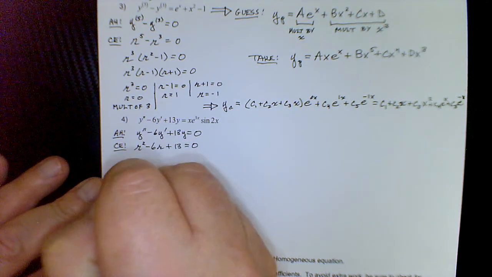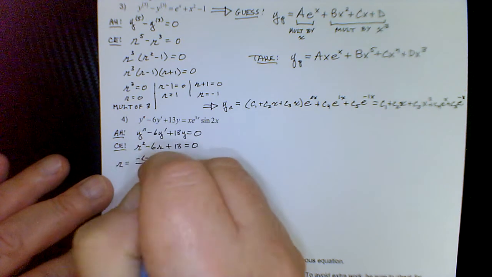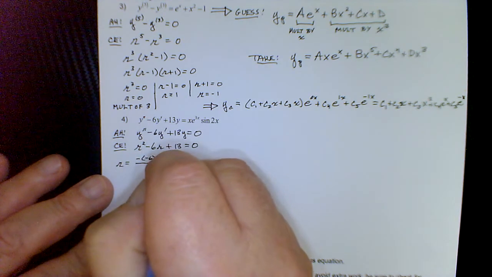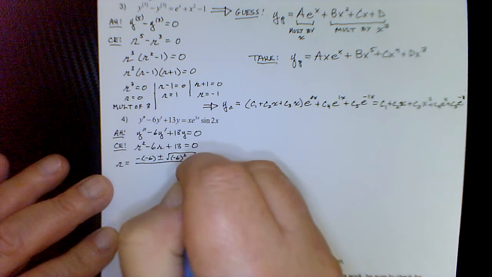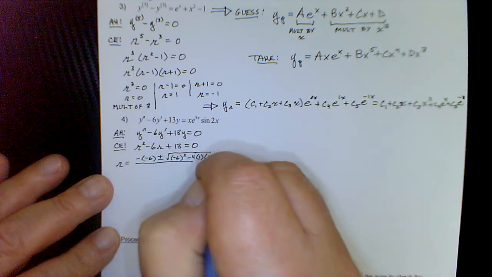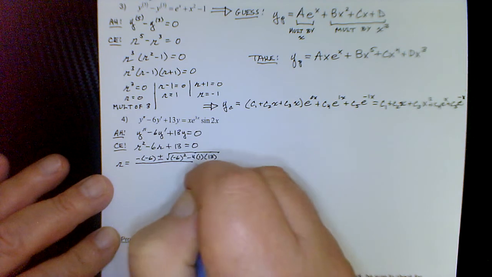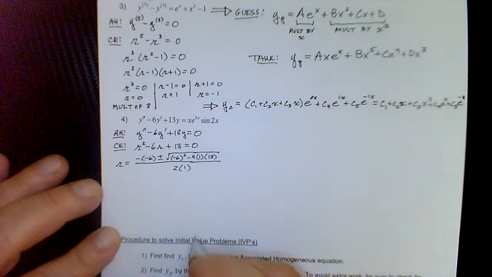So r is minus b, so minus of minus 6, plus or minus square root b squared, so minus 6 squared, minus 4 times a, which is 1, times c, which is 13, all over 2 times a, which is 1.